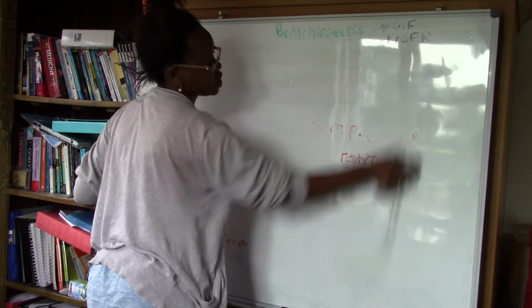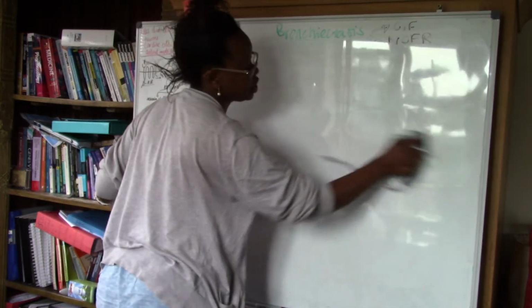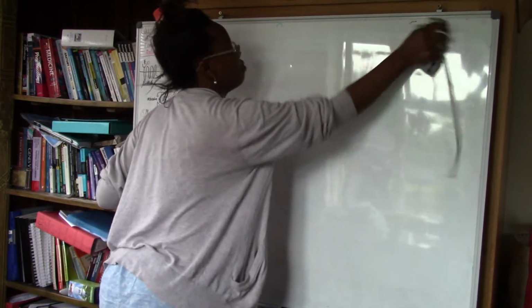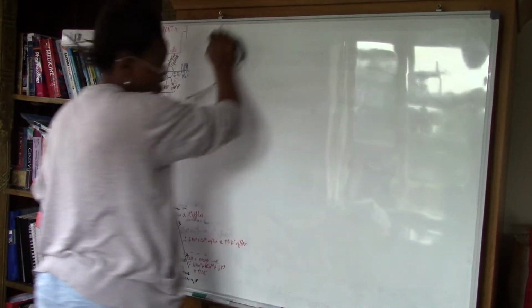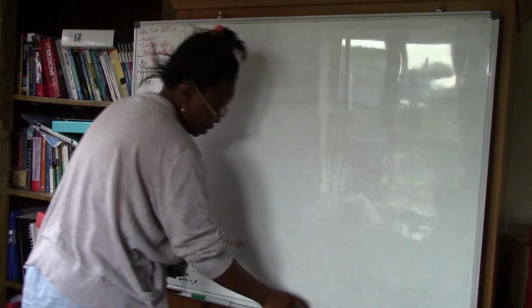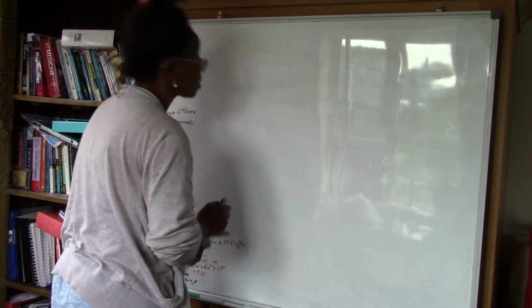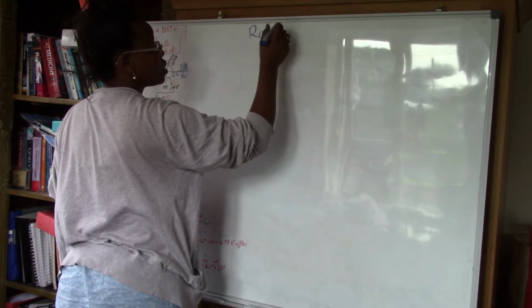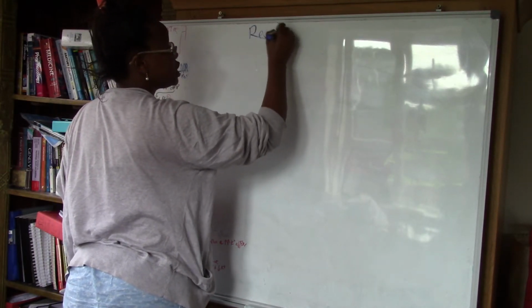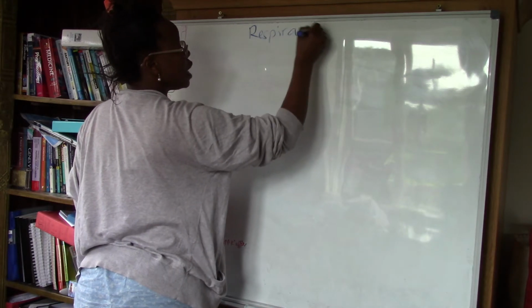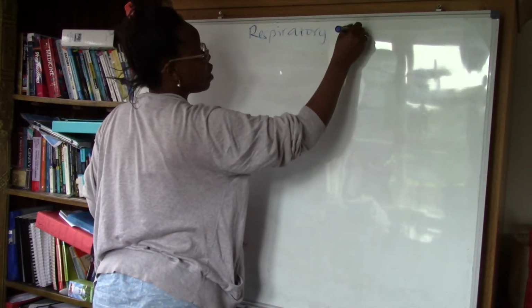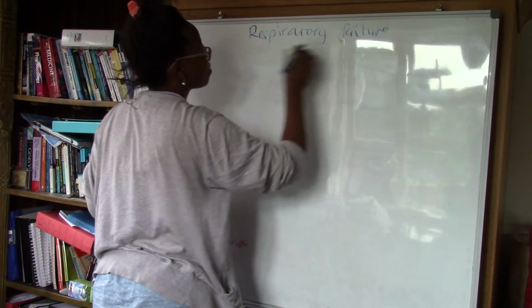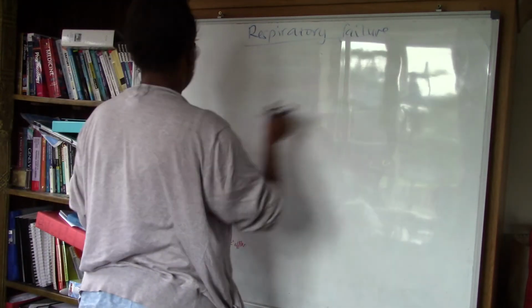And I quickly just want to, because I have mentioned respiratory failure so much, I just really want to talk about it ever so briefly. That respiratory failure, a lot of pulmonary conditions end in respiratory failure, or will present with some respiratory failure at some point.